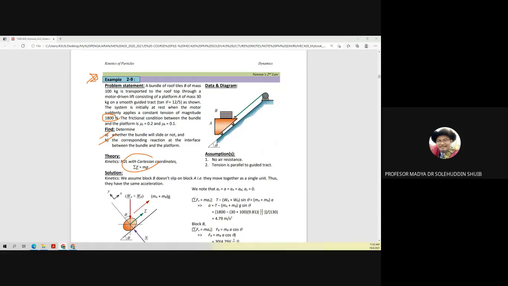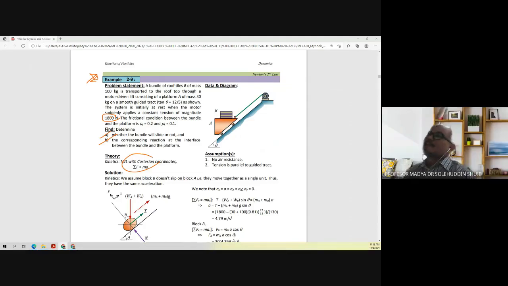Okay, first one: will the bundle slide or not? First thing, we assume block B does not slip on block A. If it doesn't slip on block A, they are considered as a single unit.